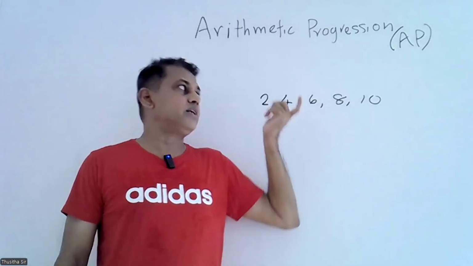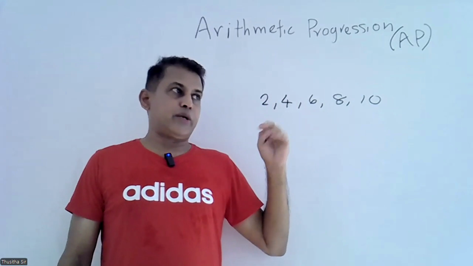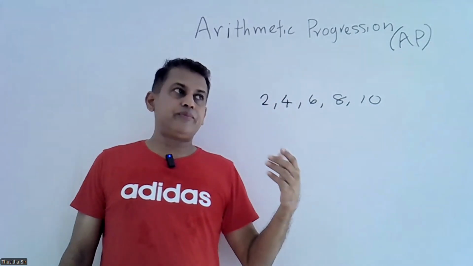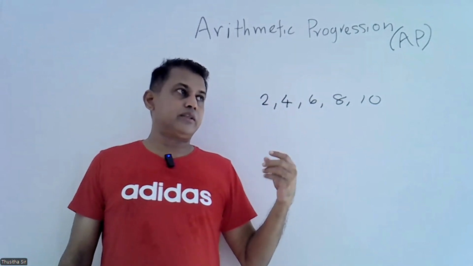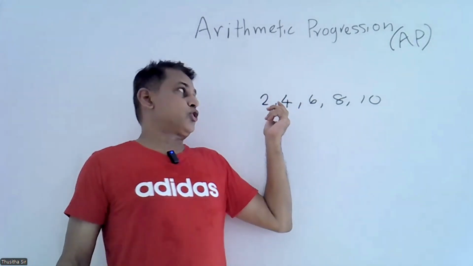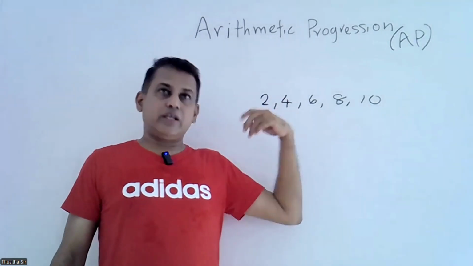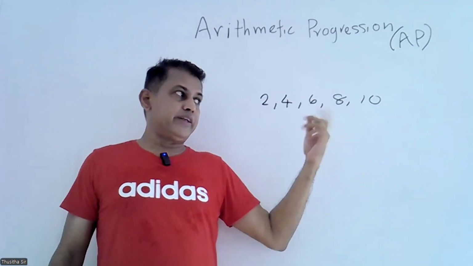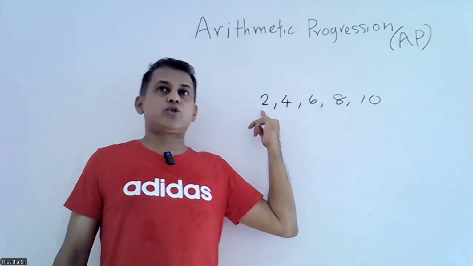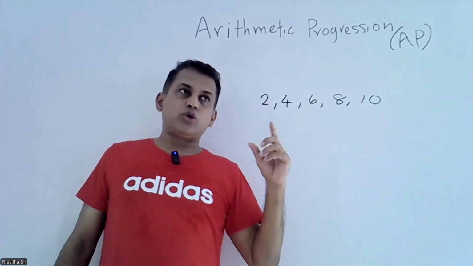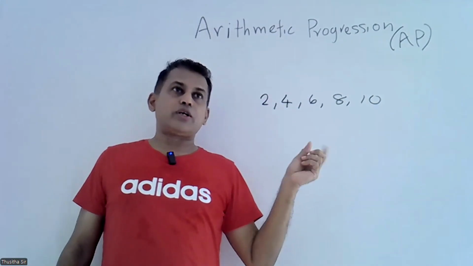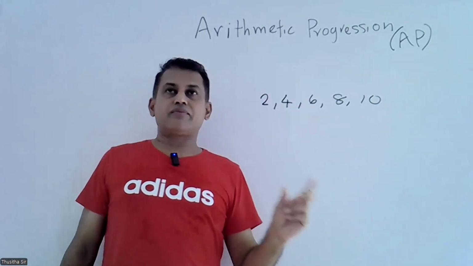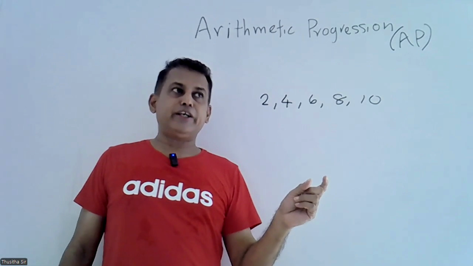So we call this a sequence. That means it follows a specific order. When we add a difference to a number, it gives another number. For example, 2 plus 2 is 4, so we define the difference as 2.